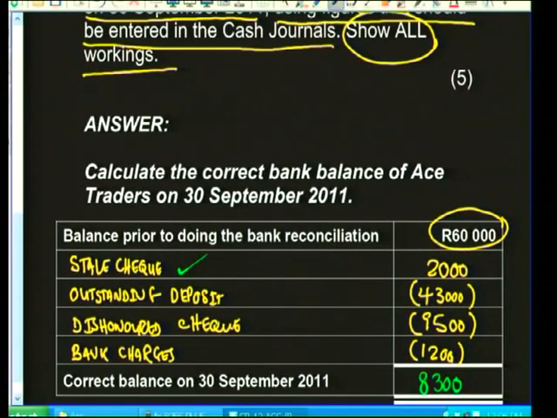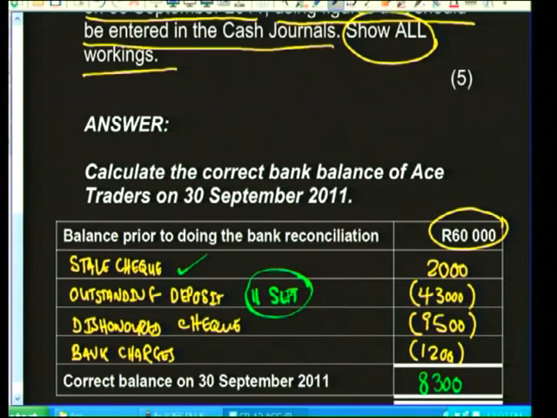Now clearly you can see, let's summarize what we have done in this calculation of the bank account. Number one, there was a stale check, which we had to add back. It was an entry which we made in our cash receipts journal, 2,000 rand. The outstanding deposit, very important, was the one on the 11th of September. This one alludes to something not too kosher, and we've said, fine, it's not appearing, let's reverse it.